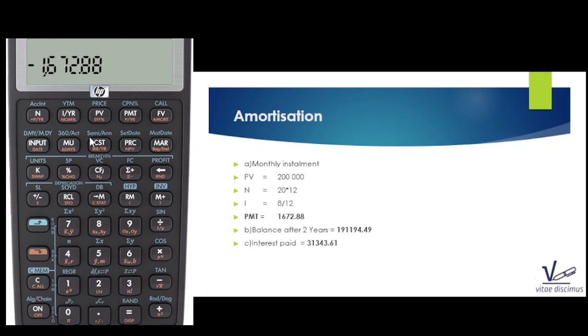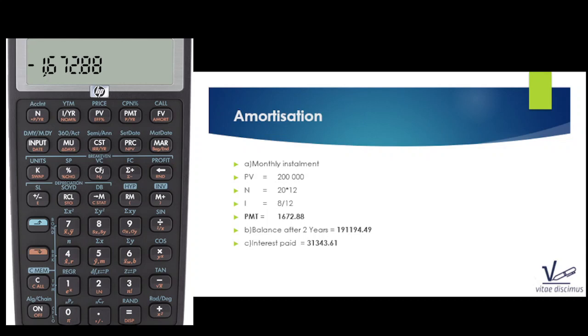When you're doing amortization, you do not clear your memory, because you want to use the information your calculator has calculated to determine the remaining balance, the principal amount, or the interest component. Our total period was 20 times 12, which is 240 periods.